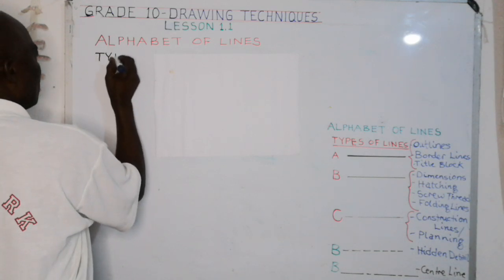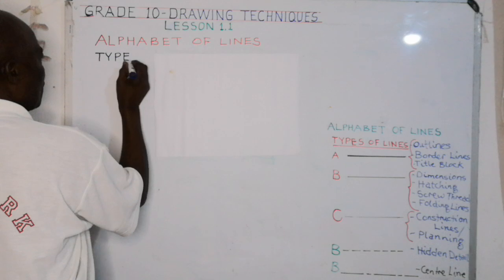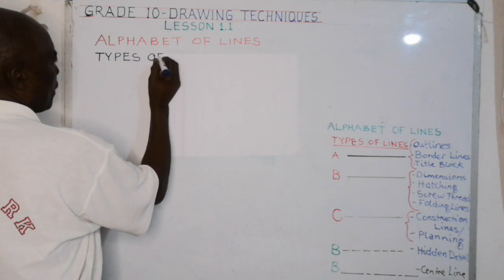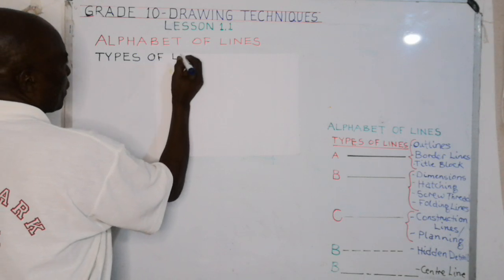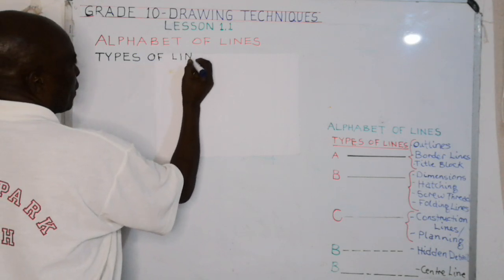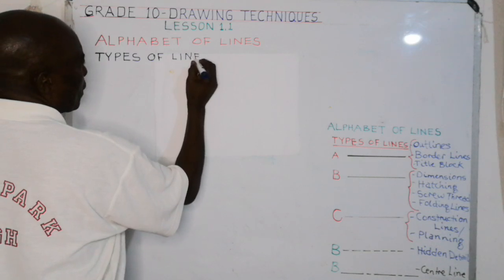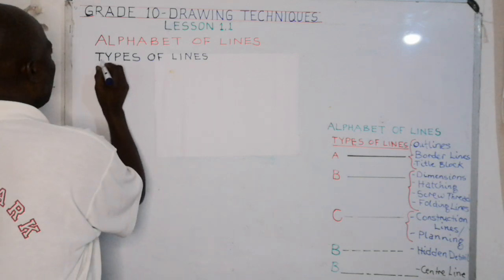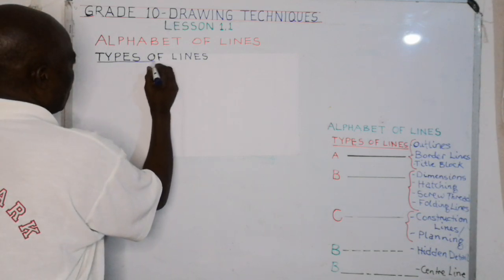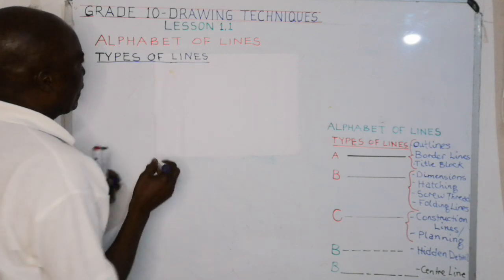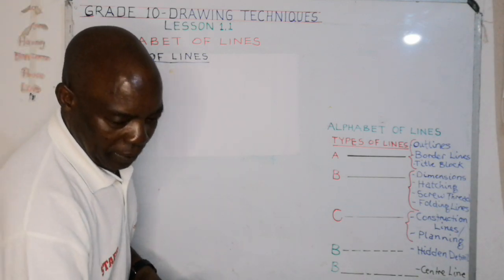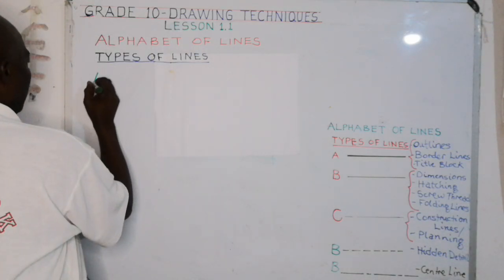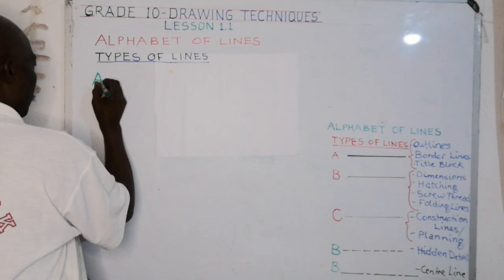Types of lines. Right. So I've got line type A. Line type A is for outlines.